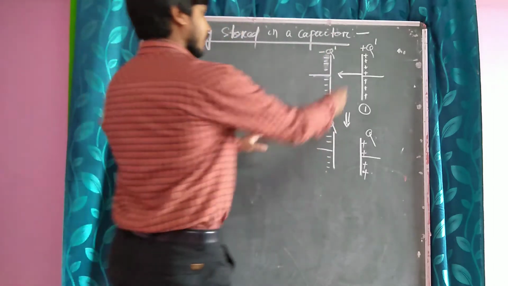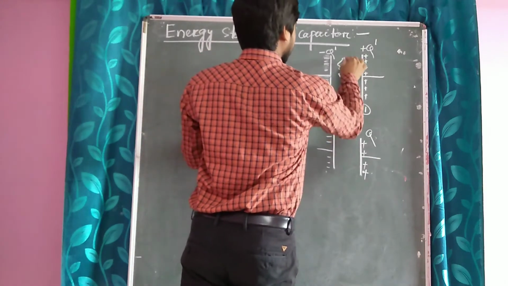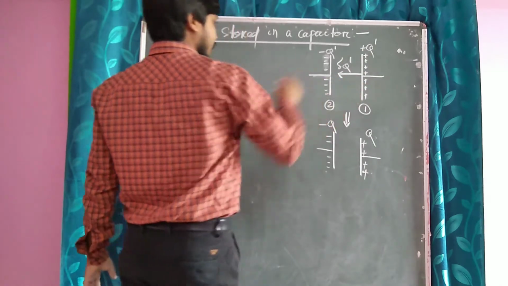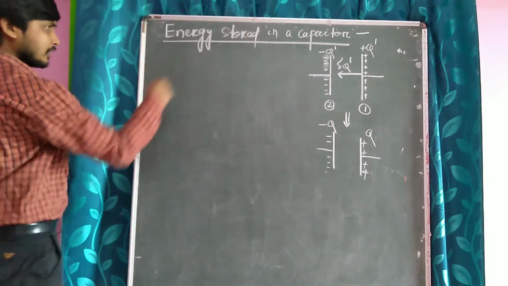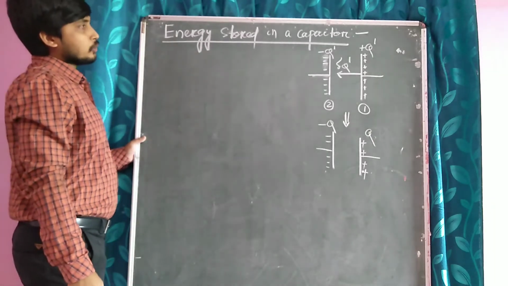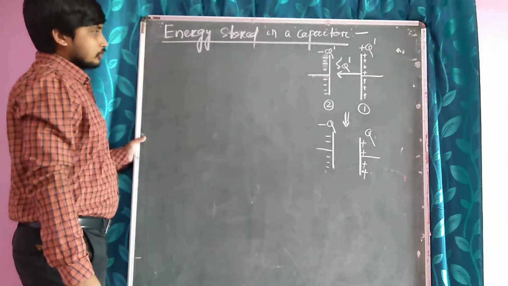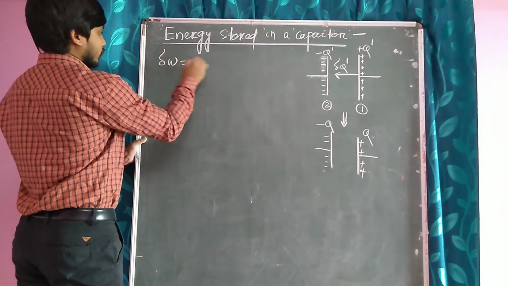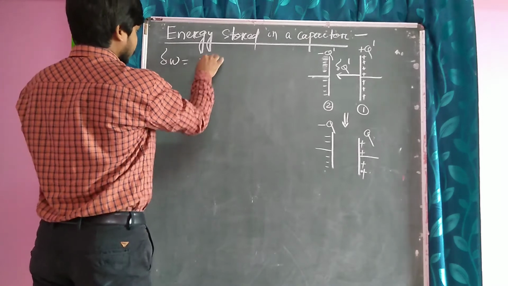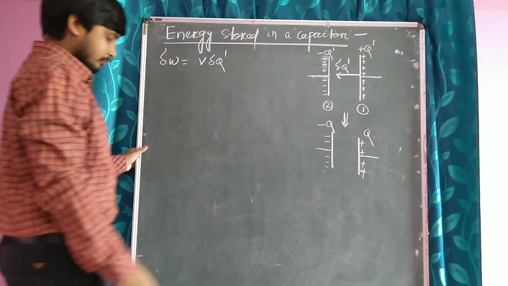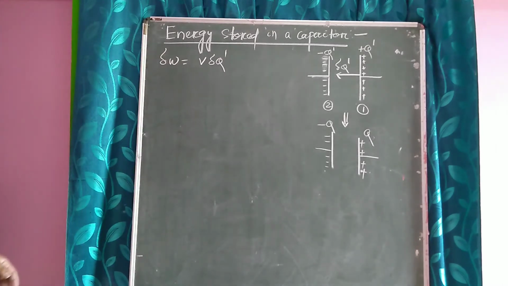And from here now, you want to displace an amount delta q prime of charge from plate 1 to plate 2. So in displacing the delta q prime amount of charge from plate 1 to plate 2, the work done will be given by delta W equal to V del Q prime. Is it clear?